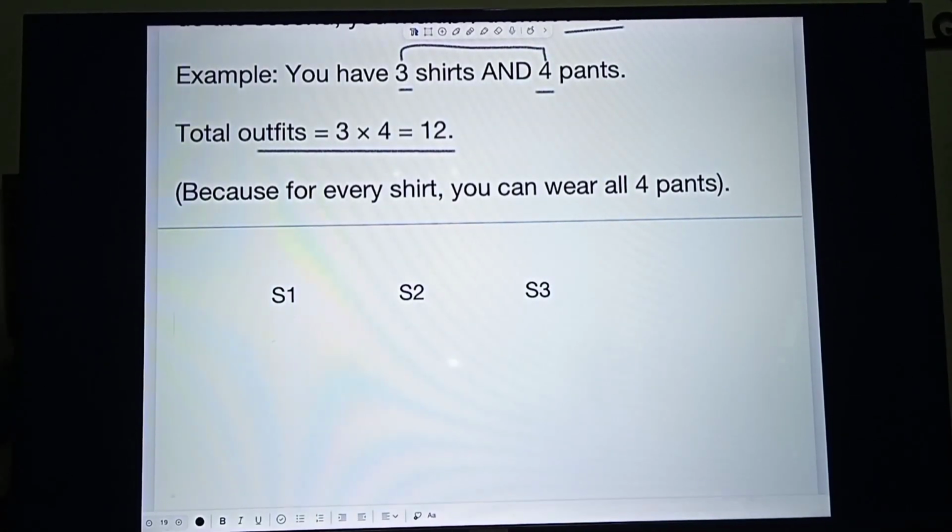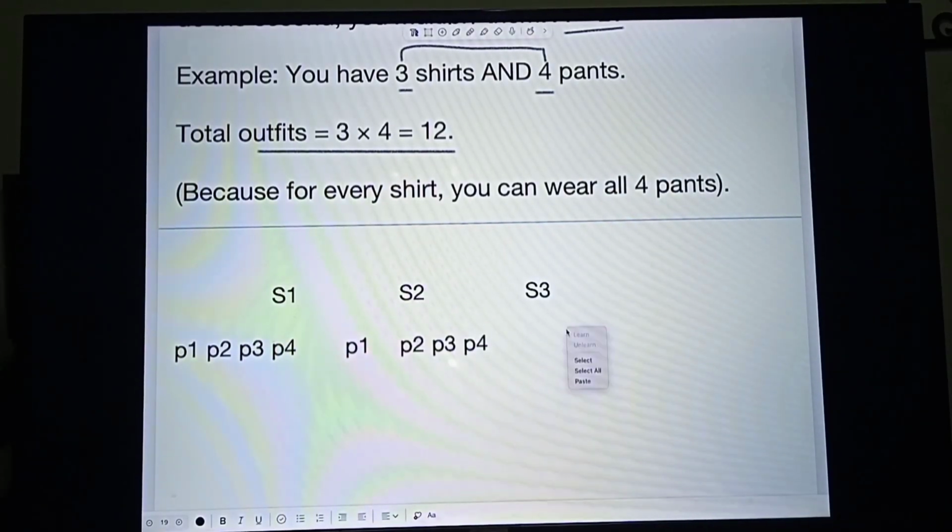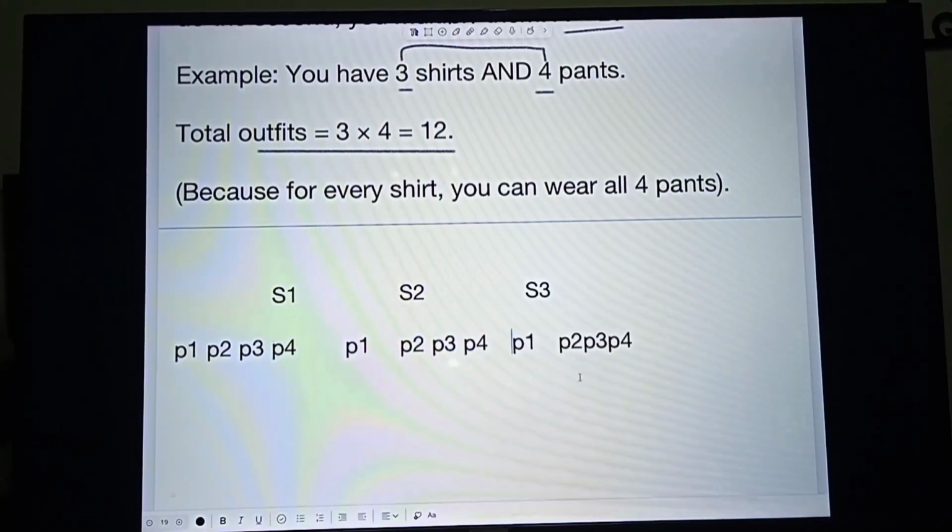Now for each shirt you can use P1, then P2, then P3, and then P4. Same goes for S2, and same goes for S3. Then you can connect them.